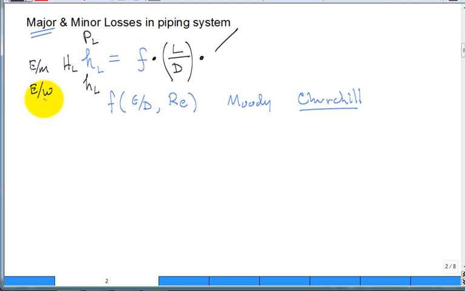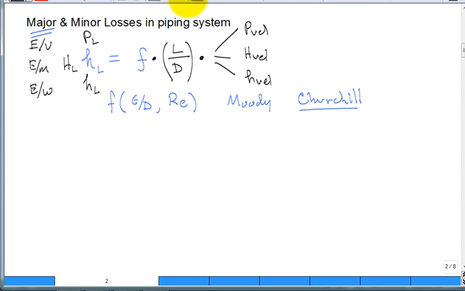That's energy per unit weight, feet. And so that's the other head, the more traditional head. And then the pressure we like to interpret as energy per unit volume. So what you do is you multiply right here by either a velocity pressure, or velocity head in energy per unit mass, or velocity head in elevation or energy per unit weight.